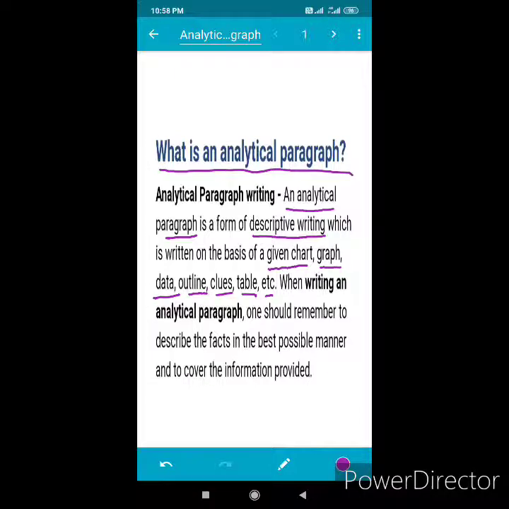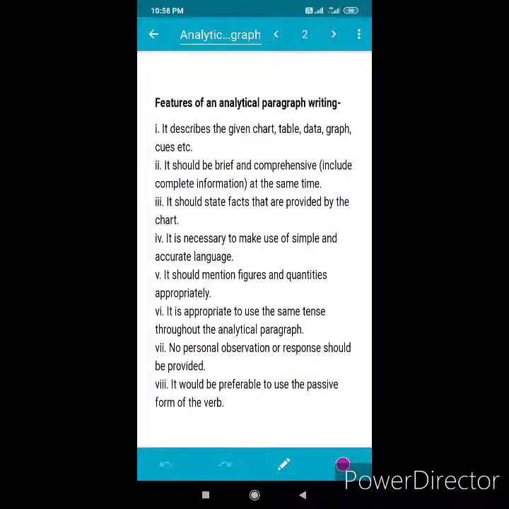And when writing an analytical paragraph, what you should remember is to describe the facts in the best possible manner, and you have to cover the information provided with the help of chart, graph, outline, clues, etc. Now children, here are some features of analytical paragraph writing.